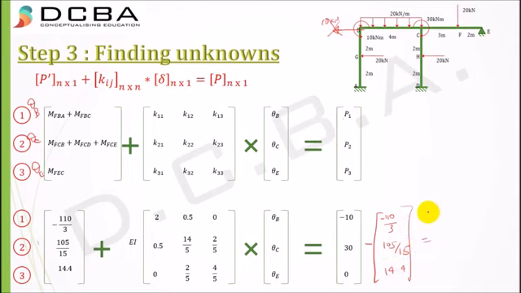When you solve this, you get a 3 cross 1 matrix, and then you need to solve them to get these theta B, theta C, and theta E. You can solve it in your calculator using the multiple equations, that is three equations, three unknowns.